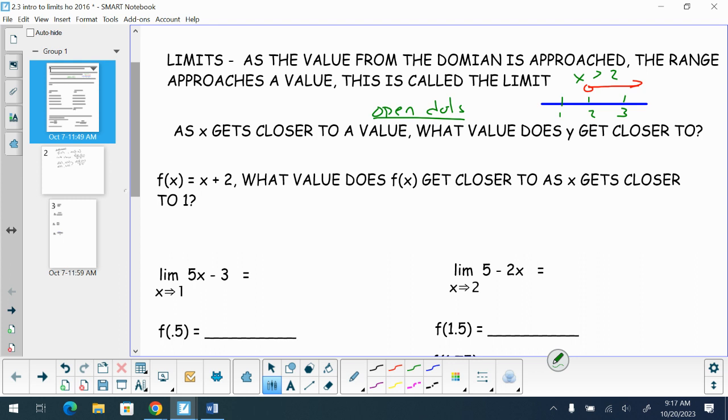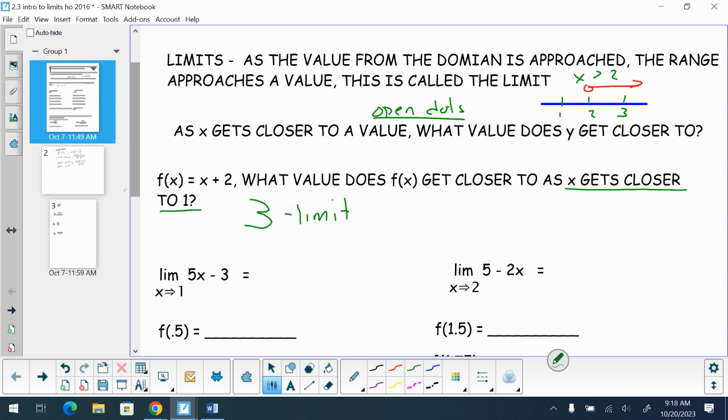What did you say it was? 3. So my limit, as x gets closer to 1, my limit gets closer to 3.